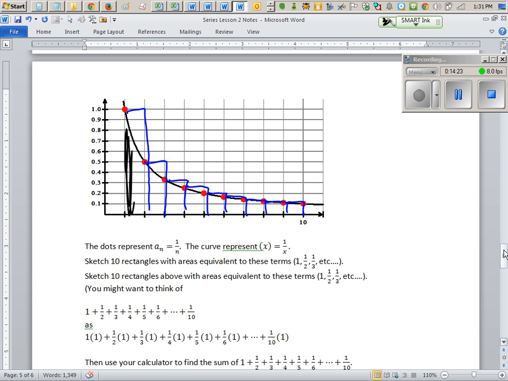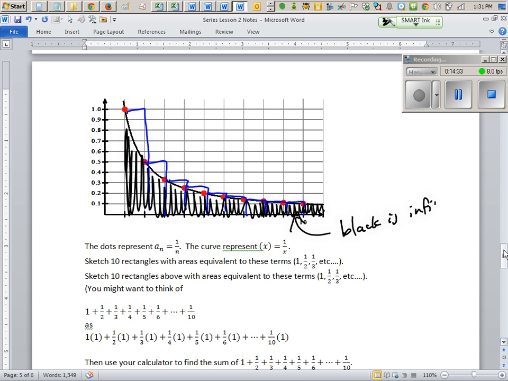But then after that, we proved that this black area is actually infinite. Black is infinite. What does that tell us about the blue? Blue area is infinite, right? It's larger. That's the logic. It's very sound logic. Something that's bigger than infinity is clearly infinite.